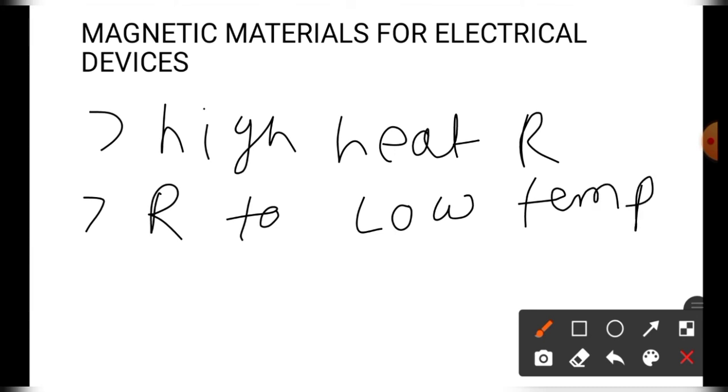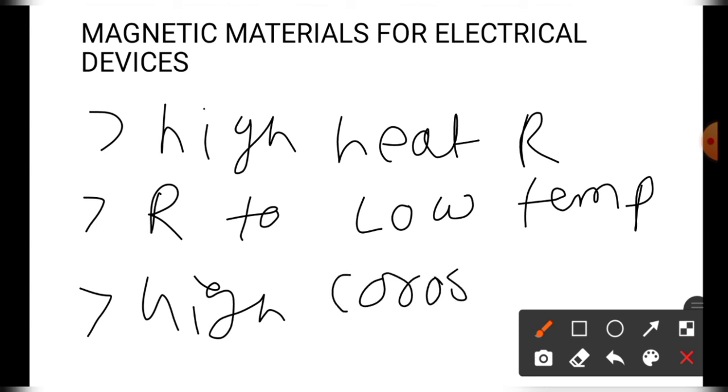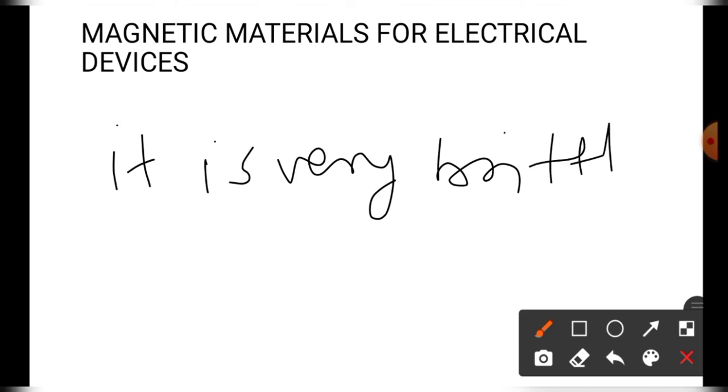Second advantage is resistance to low temperature. And third advantage is high corrosion resistance. Now we will see the disadvantages of the samarium magnet. It is very brittle and more expensive.